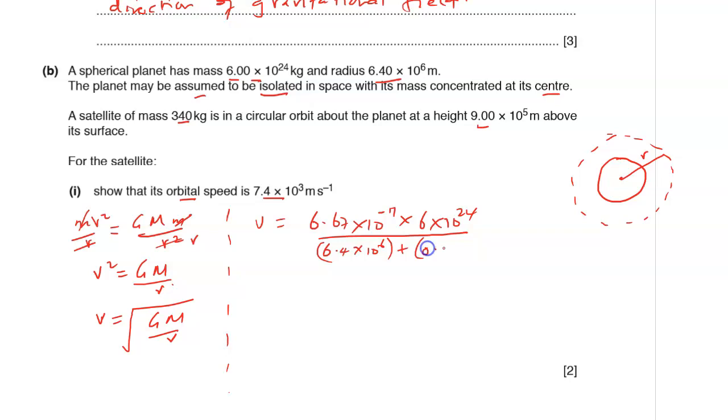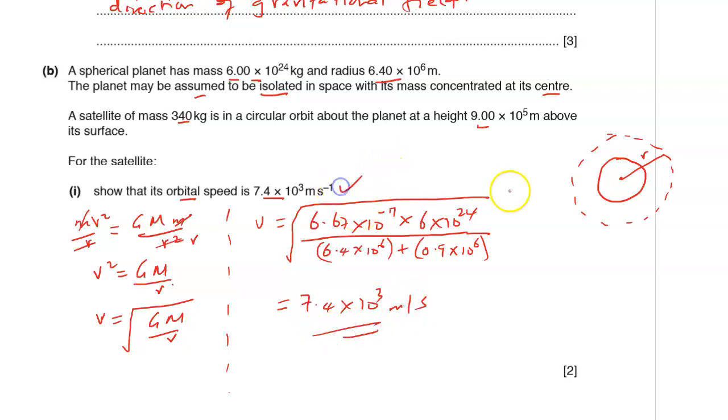You can write it as 0.9 times 10 raised to power 6 to make it power 6 there. When you evaluate the square root, it is equivalent to 7.4 times 10 raised to power 3 meters per second, which is the same as that one right there.